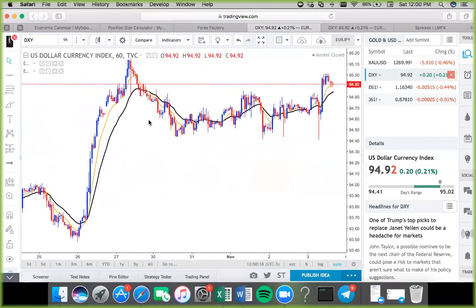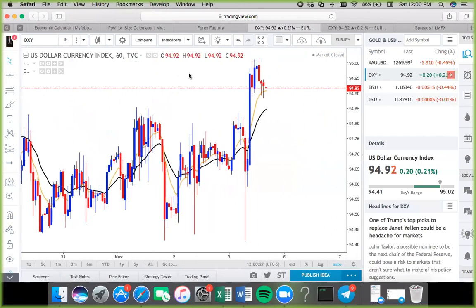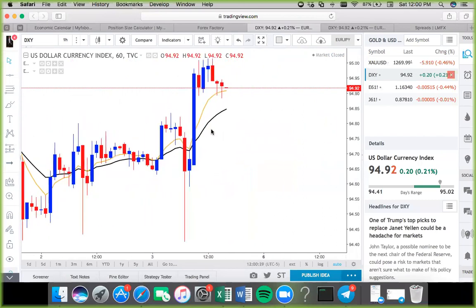Now, when he increases, he increases all US dollar pairs. What does this mean? Let's look at this part right here. This is non-farm payroll.